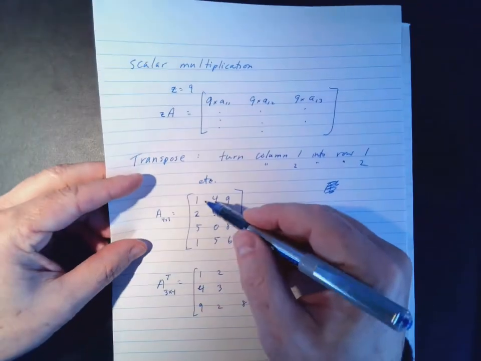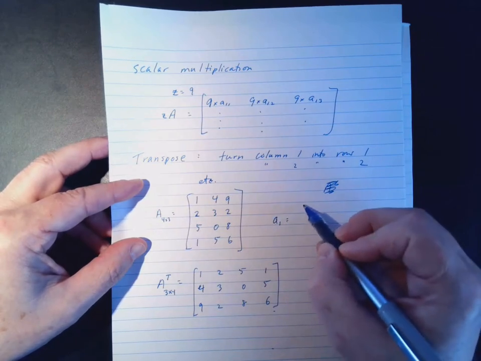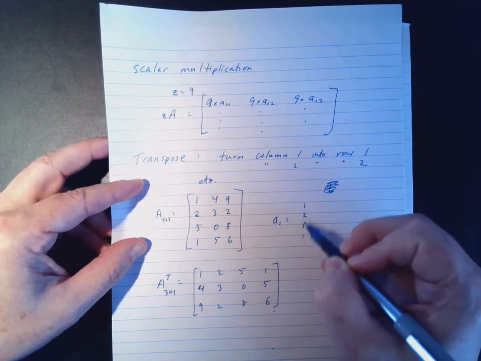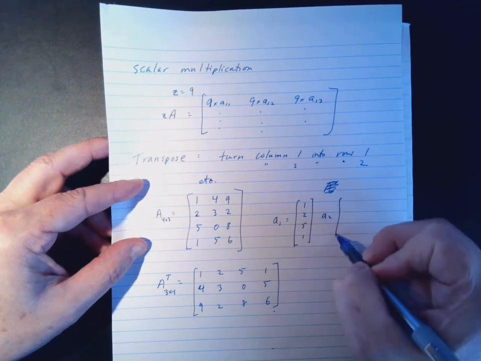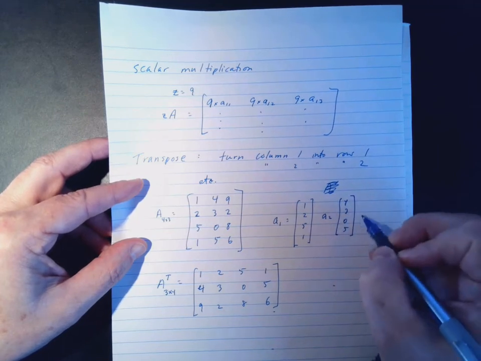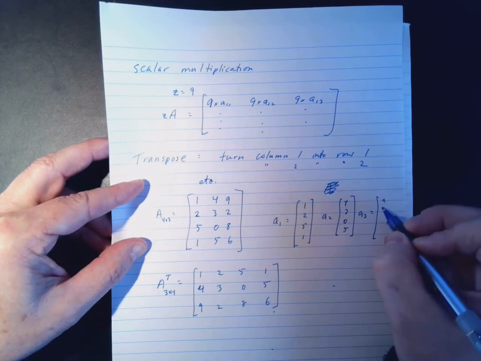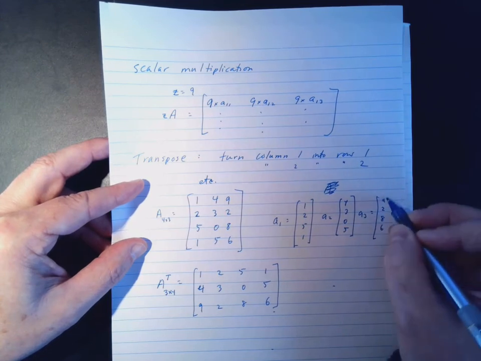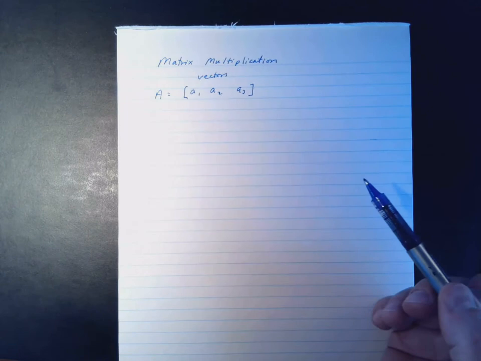So in this example here, A1 is 1, 2, 5, 1. A2 is 4, 3, 0, 5. And A3 is 9, 2, 8, 6. So if I just write it out as the row A1, A2, and A3, that's a matrix.